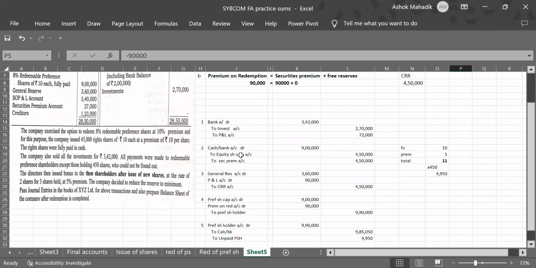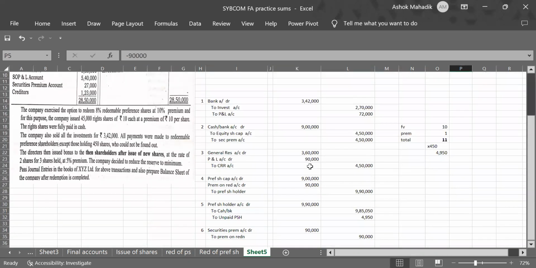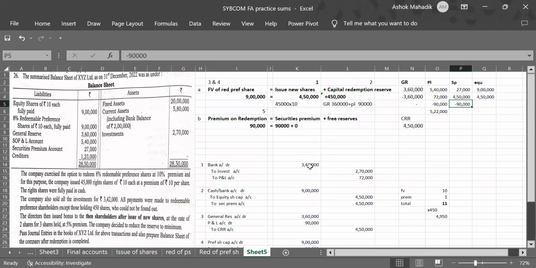Okay. So now we have to go for bonus shares, right? But before that, let us see what is the balance in all the reserves. General reserve is completely wiped out. The P&L account opening balance was 5,40,000. Then we made a profit on sale of investment worth rupees 72,000. Then to create CRR, we used 90,000.